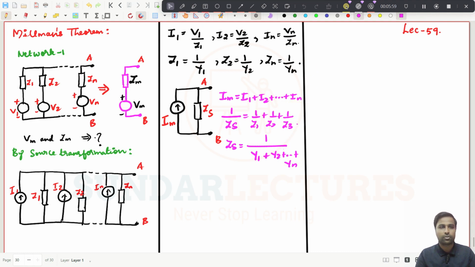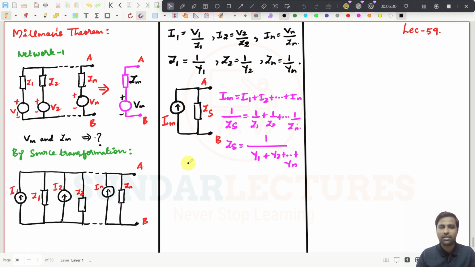Here also, I have just made a mistake. So it will be plus going on to 1 by Zn. So this is how you can write down the expressions. Now you see this is Im and this is Zs, and this parallel circuit can be converted into a voltage source connected in series with the resistance or impedance.